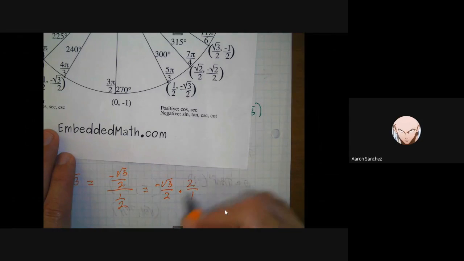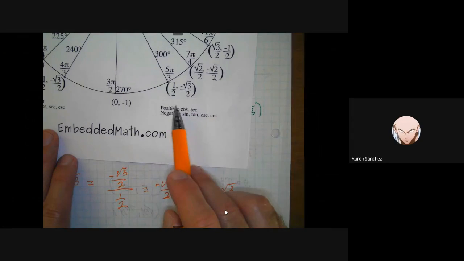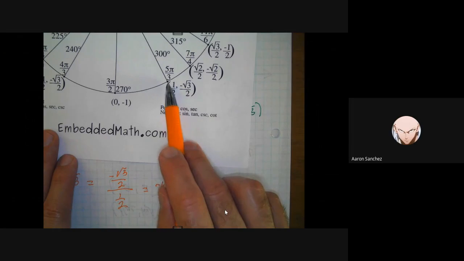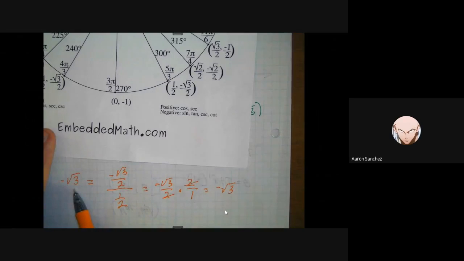Then the 2's cancel out and it ends up being negative root 3 over 1, which is negative root 3. And then you say, oh, that's where my angle's got to be. If you don't know, you just divide everything. You say, oh, it's this one right here, and look, it's 5 pi over 3. You can figure out your angle by that, but you have to divide these to make sure it equals this right here.